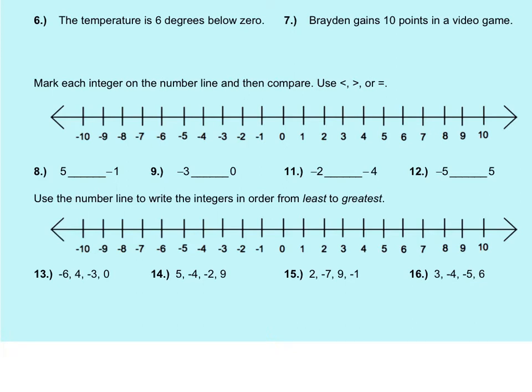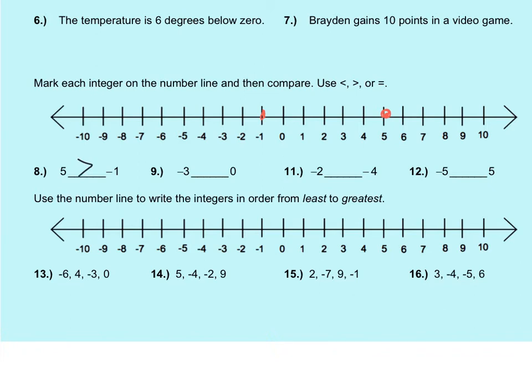Now what we're going to do is compare. I would like you to use the number line above there, because the bigger numbers are to the right. So I'm going to put a dot on both numbers. I'm switching to red. I'm putting a dot on 5 and a dot on -1. The number to the right is the biggest, so 5 is bigger than -1. And remember, the alligator eats the bigger number.